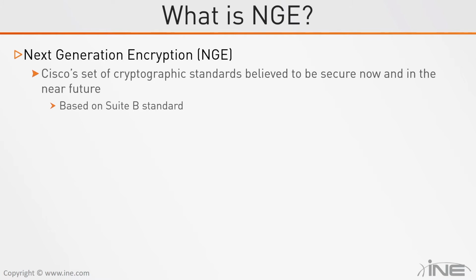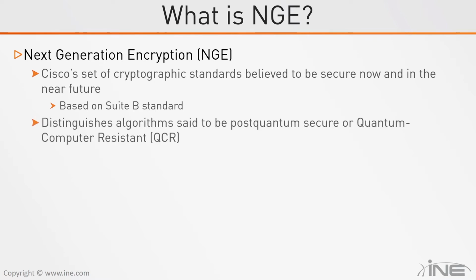Most of the functions that they put into NGE are taken directly from Suite B, so that when their customers follow NGE, they will automatically become compliant with those different standards. This is especially important for certain government organizations that have to be compliant with the Suite B specification.